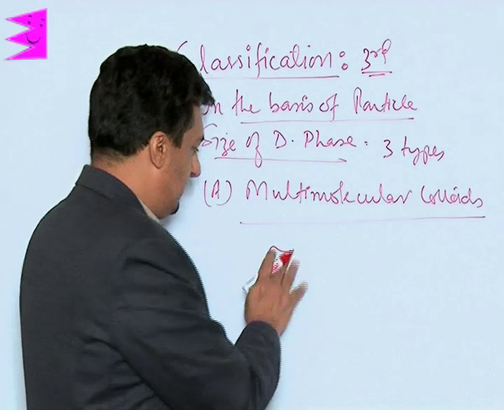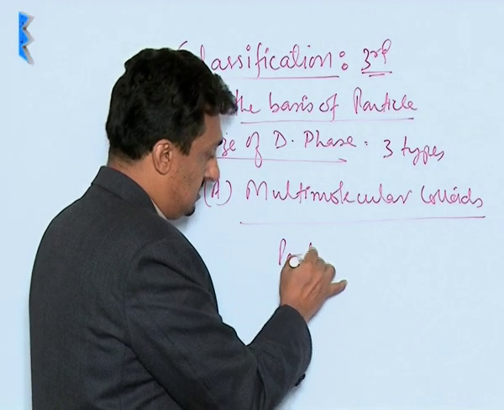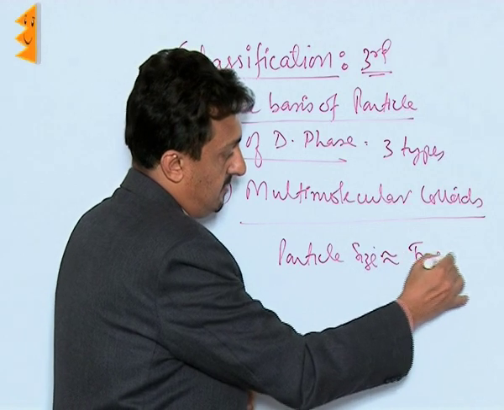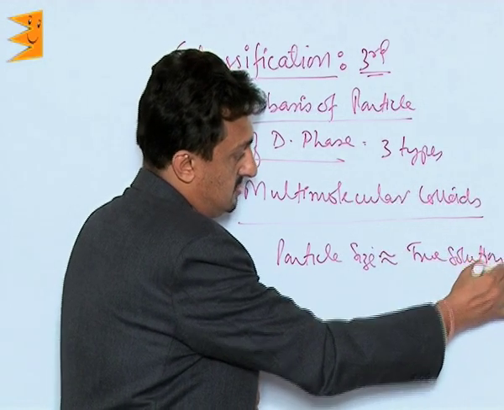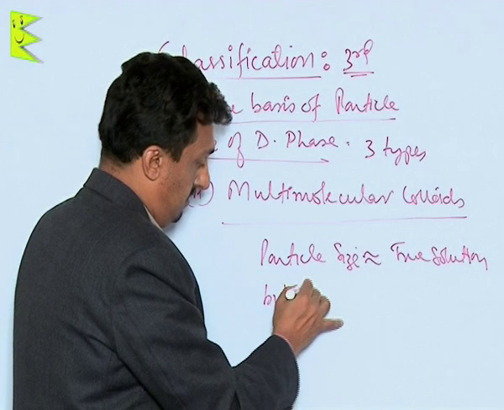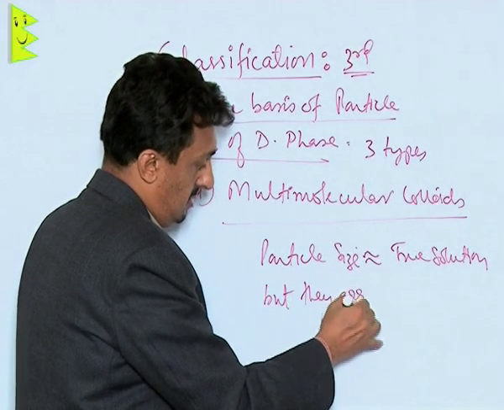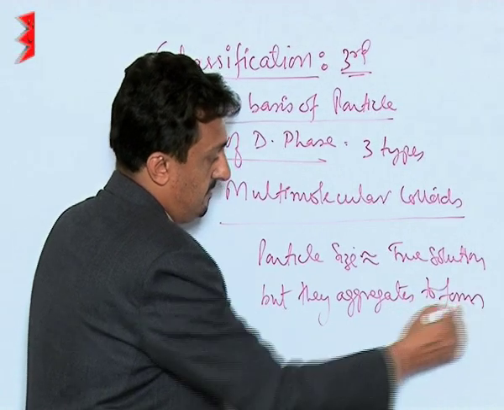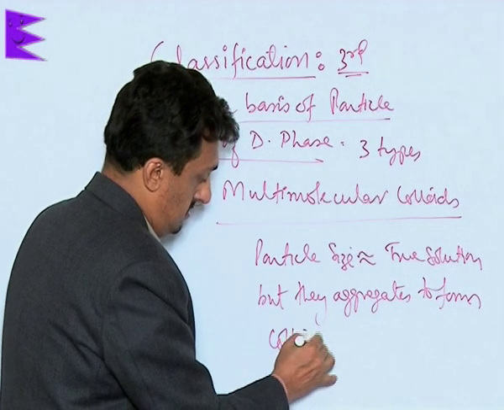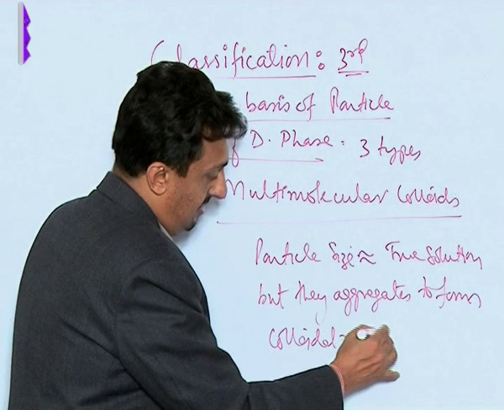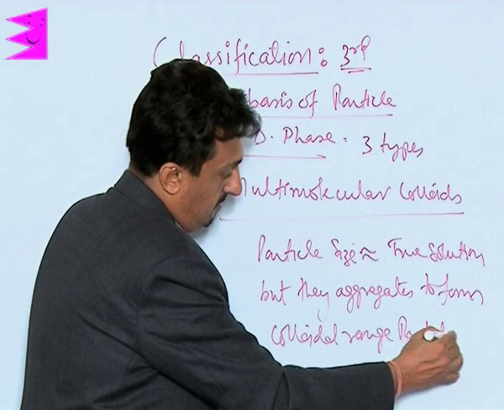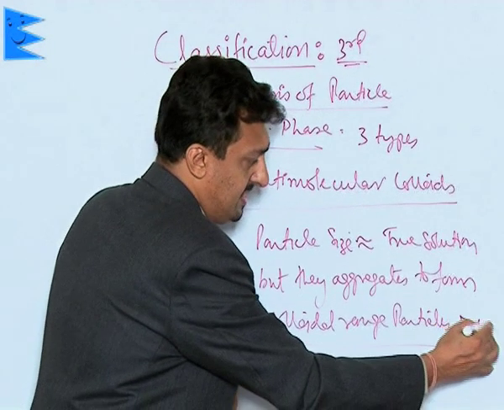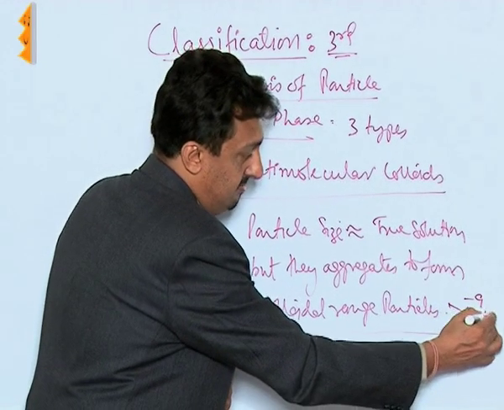I am repeating, the particle size is of true solution, but they aggregate to form colloidal range particles which are of size bigger than 10 to the power minus 9 meters.